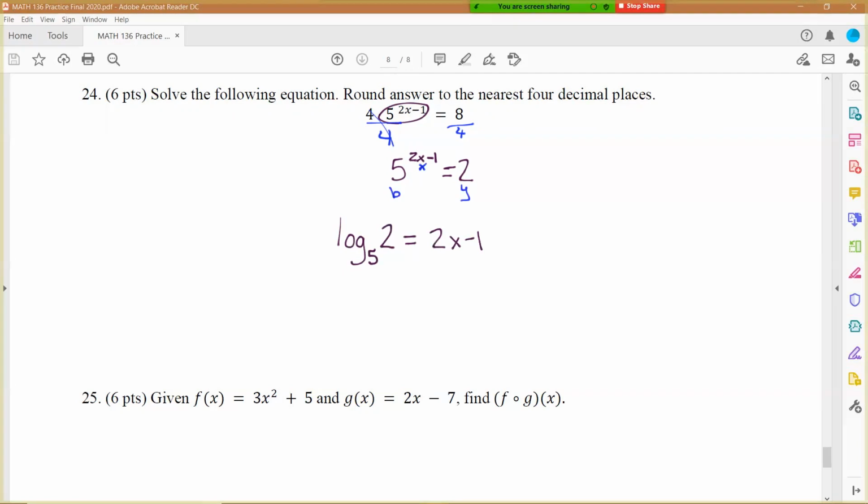We gotta get x by itself. Since I'm kind of lazy, I want to figure out what log base 5 of 2 is. That's just change of base.